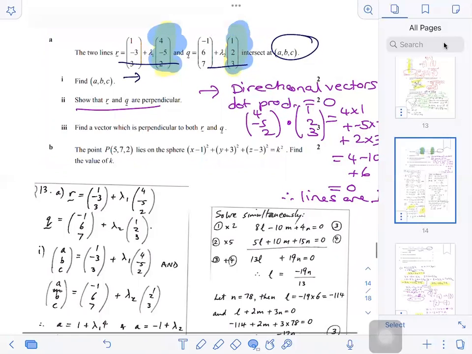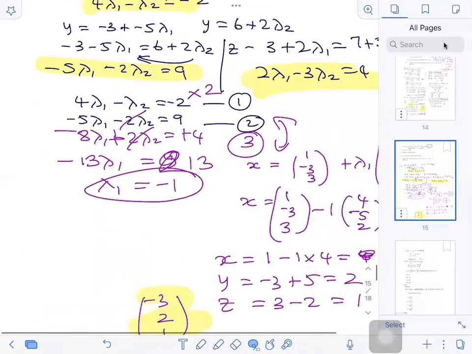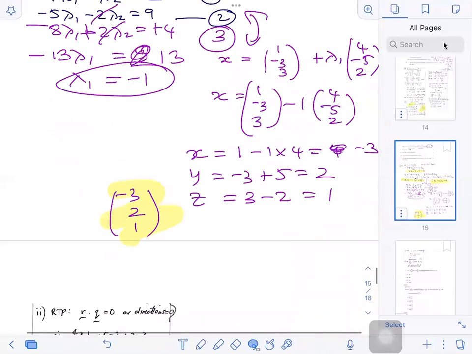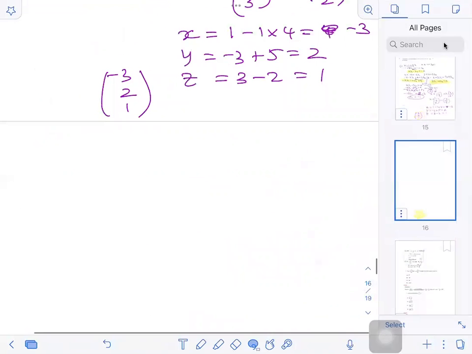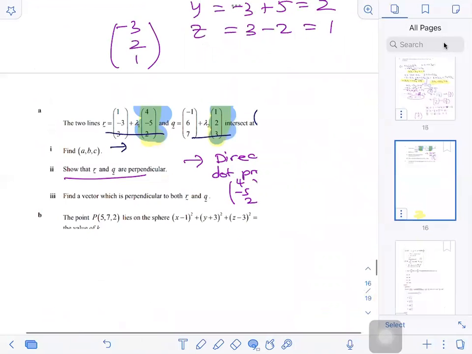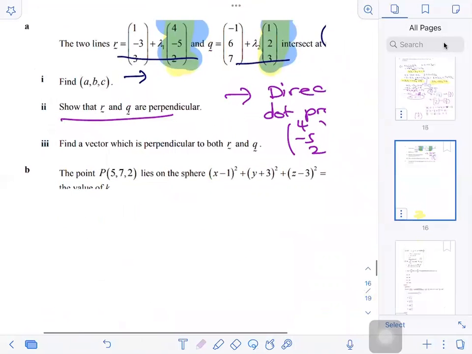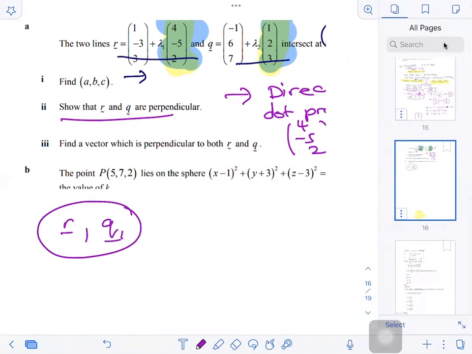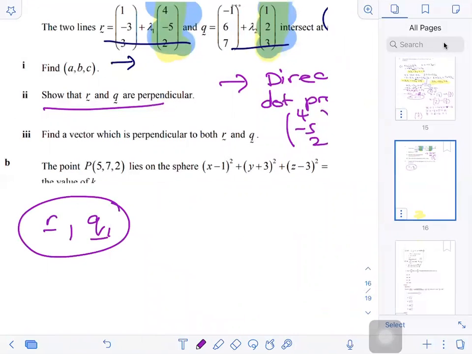Find a vector which is perpendicular to R and Q. Okay, so if we want something that is perpendicular to R and Q. All right, so what does it say? Find a vector that is perpendicular to R and Q.